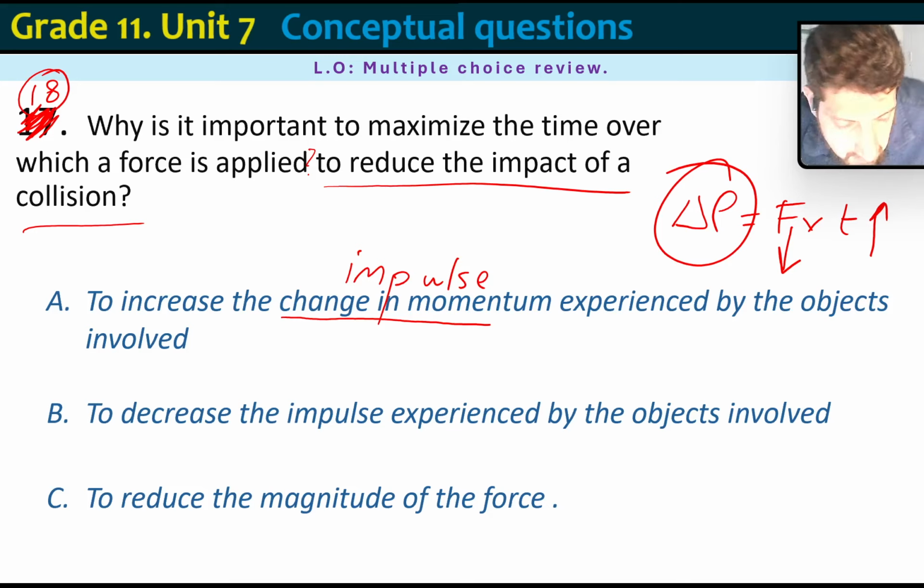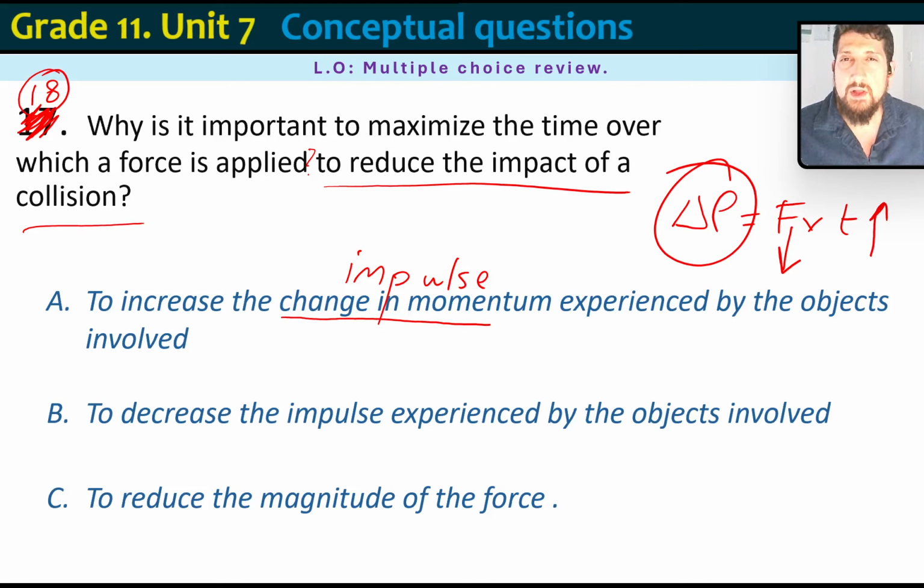So let's say for example the driver is traveling at 10 meters per second, the mass of the car is 1,000 kilograms, then it's going to be 1,000 times 10 or 10,000 kilograms meters per second. That is the change in momentum, that to zero. So it's going to be 10,000, right?